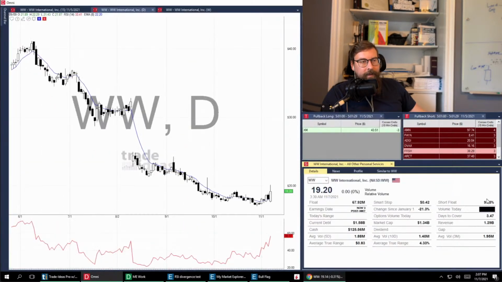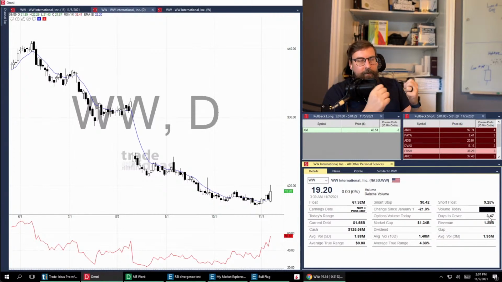It doesn't have an insane short float, but it is about 10% of the float, which is pretty interesting to me. Days to cover is another way to look at short float. If you don't know what days to cover is, it essentially takes the amount of shares of the float that is shorted and divides it by volume. So say the stock does 1 million shares a day and there's 3 million shares short.